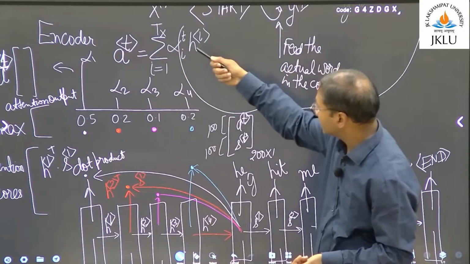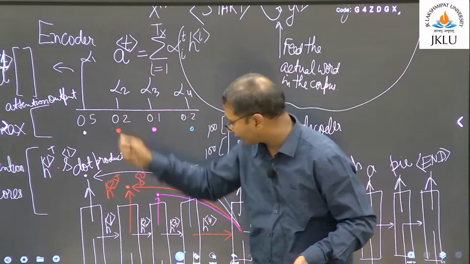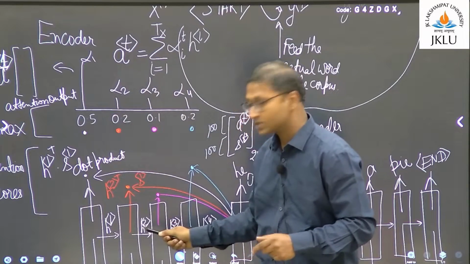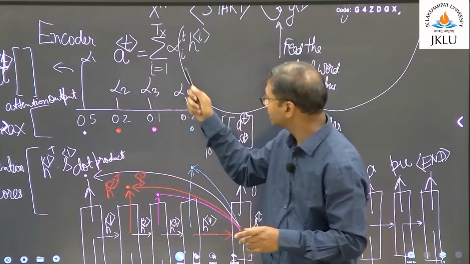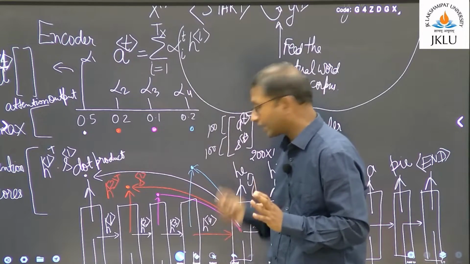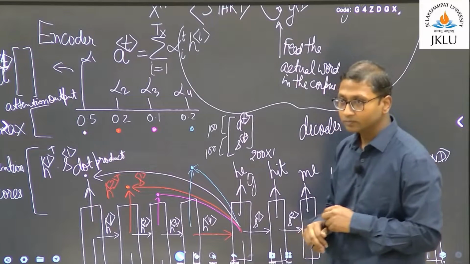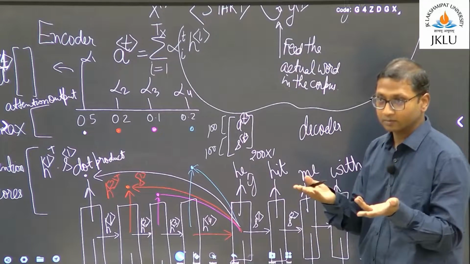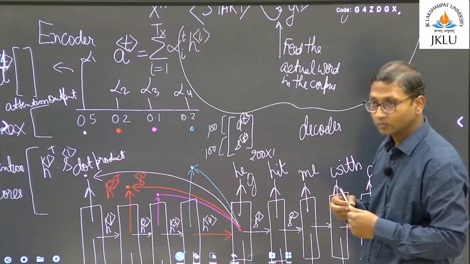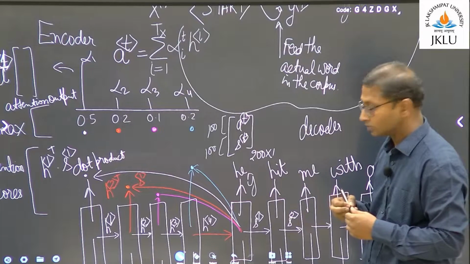So what A is capturing is 0.5 times H1 plus 0.2 times H2 plus 0.1 times H3 plus 0.2 times H4. And sir, we have taken the summation of everything. So plus, I have been saying plus throughout. Yes. So sir, how will it capture one particular thing?